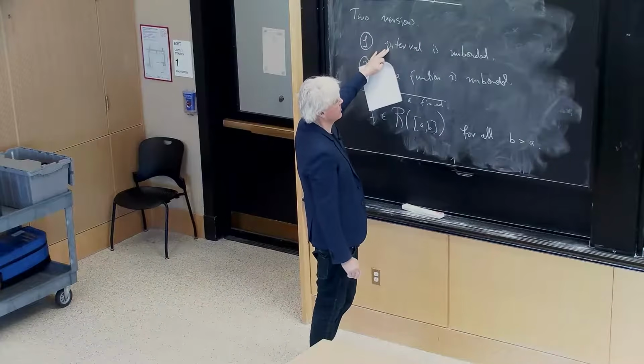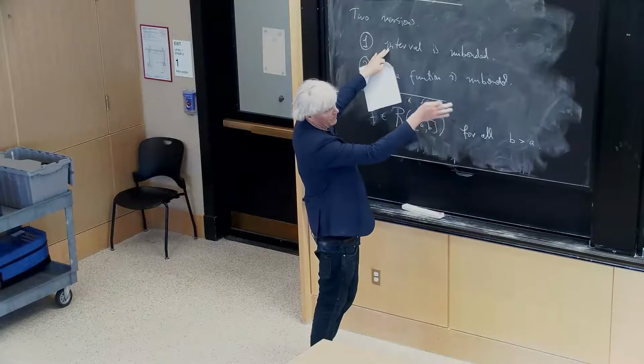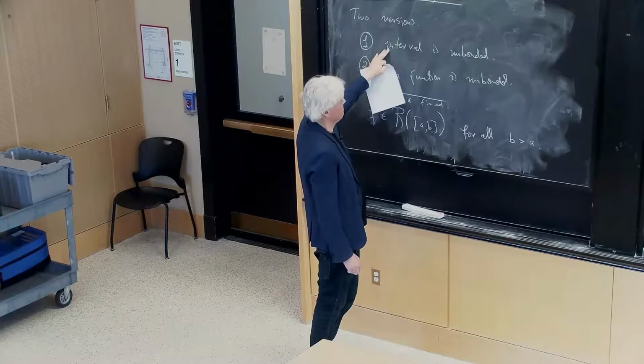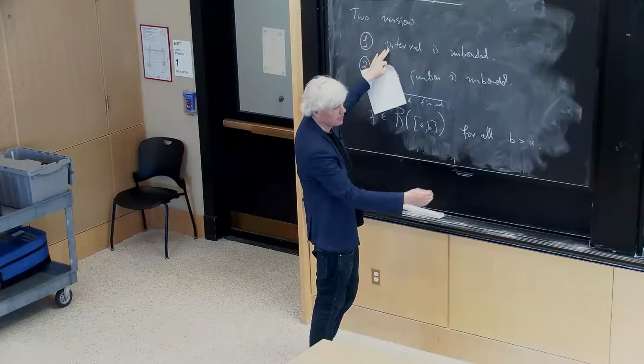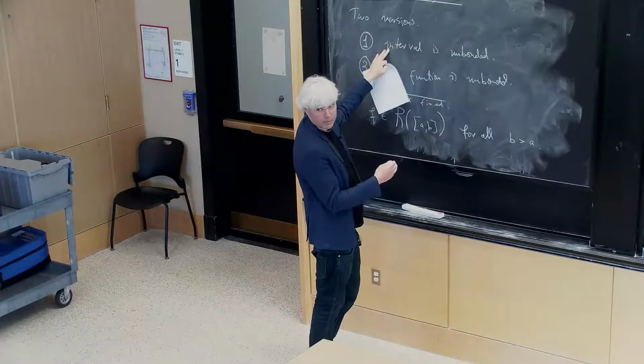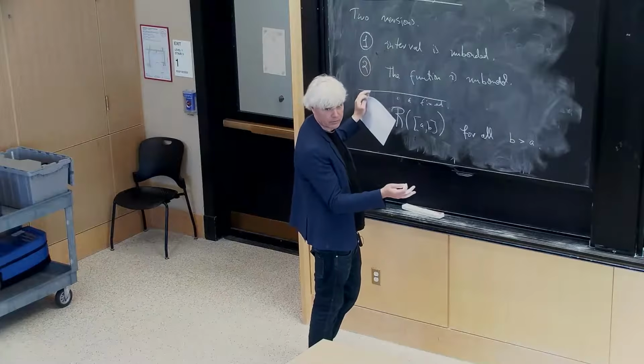When I explained what it means for an interval, I did it as if the interval was unbounded to the right, but of course you could also look at unbounded to the left, or even unbounded both to the right and to the left.